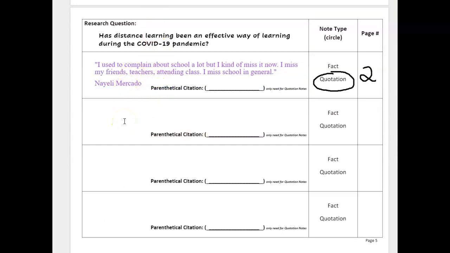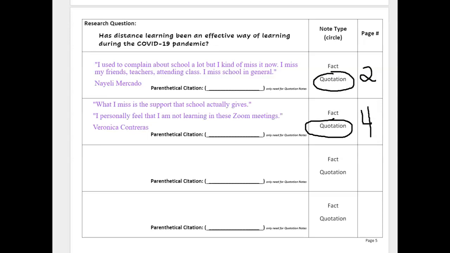I'm going to need to copy it word for word from the article. Let's first say that this is going to be a quotation note because it's an opinion. This one was found on page 4. And now I'm going to copy and paste it into the box.